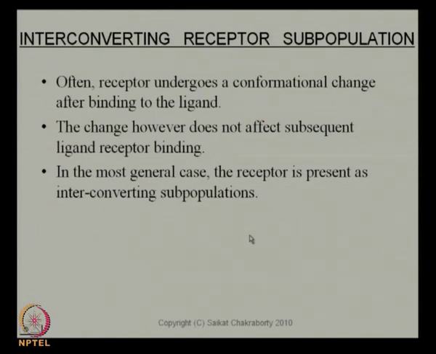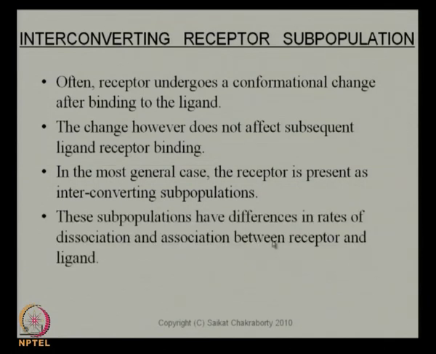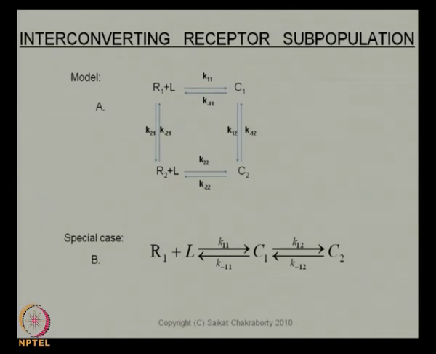In the most general case, the receptor is present as an interconverting subpopulation, and these subpopulations have differences in rates of dissociation and association between receptors and ligand. Because of the conformational change, these receptors have different kinetic constants. Now let us look at the interconverting receptor subpopulation model.